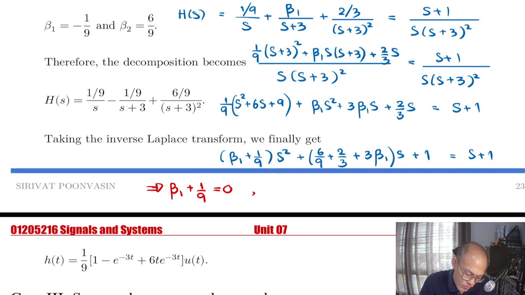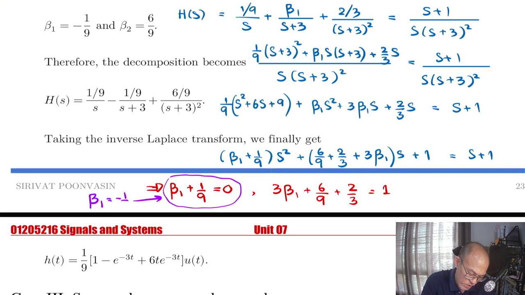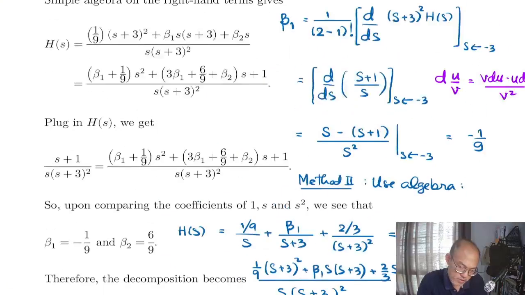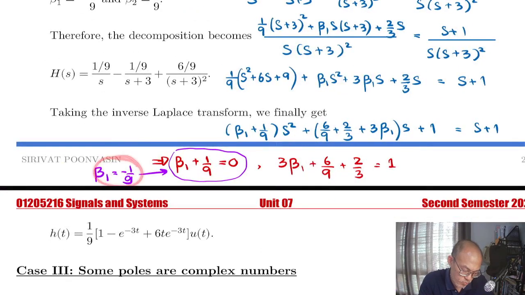And I also know that 3 beta 1 plus 6/9 plus 2/3 has to be equal to 1. Okay, now from here, this gives me beta 1 equal to minus 1/9, as we had earlier. See, beta 1 is minus 1/9. So the results are consistent with each other.